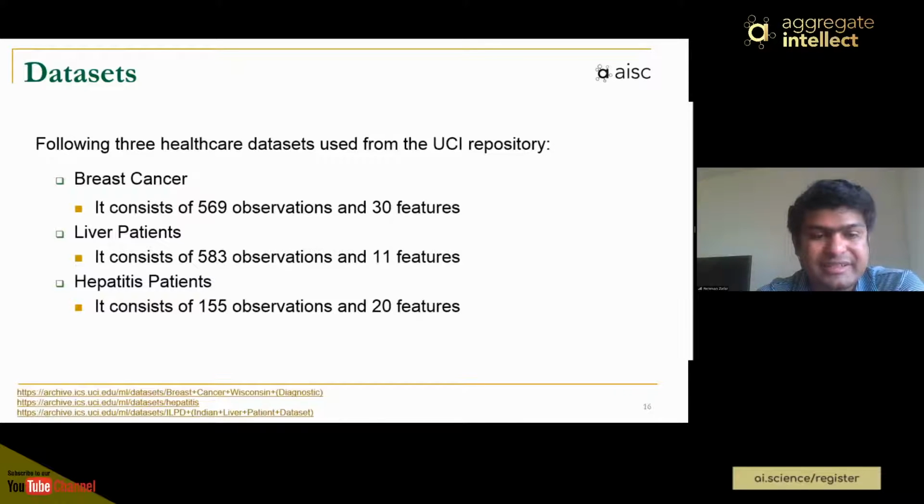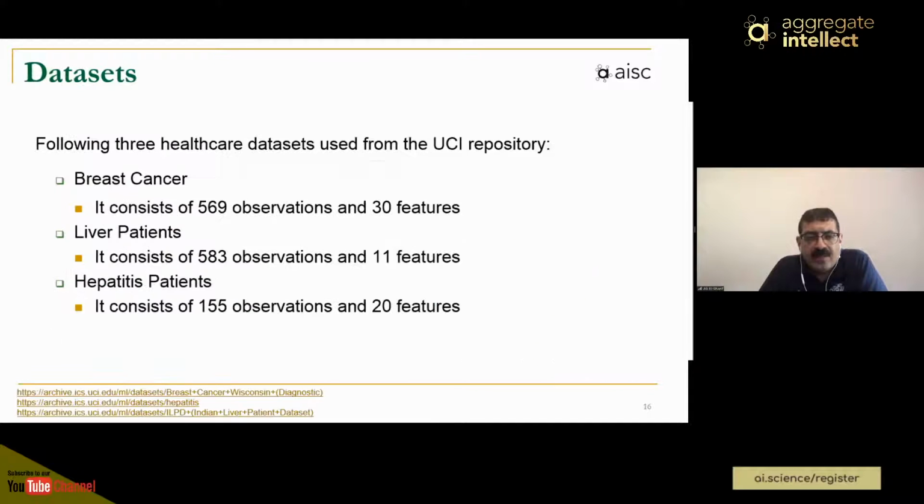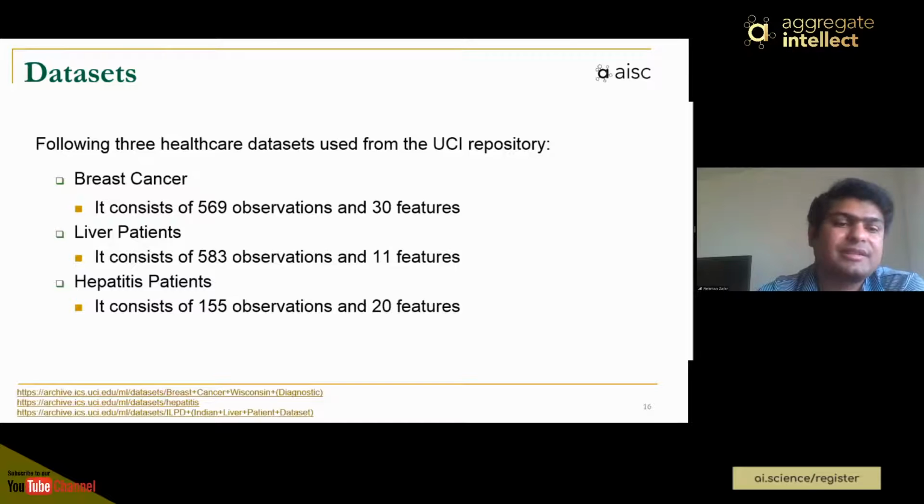It consists of 155 observations and 20 features. These are all tabular datasets, correct? Yes. Actually, the breast cancer dataset was in the form of images, but some authors extracted features and uploaded them at UCI. So we use those features.